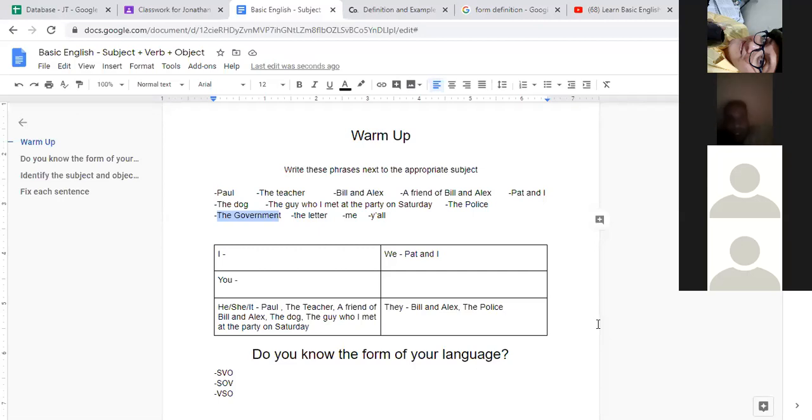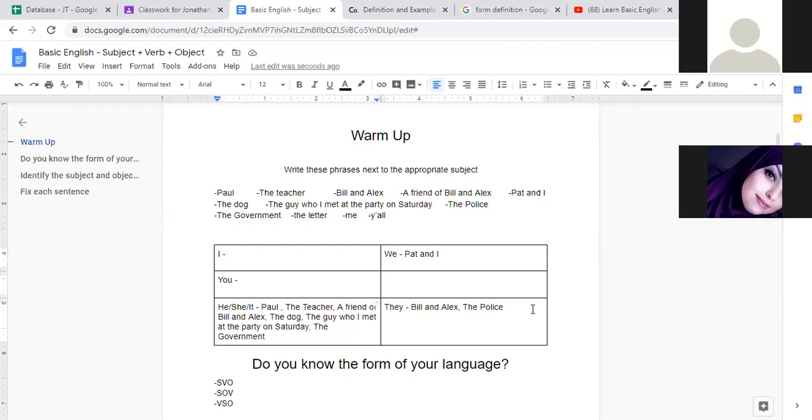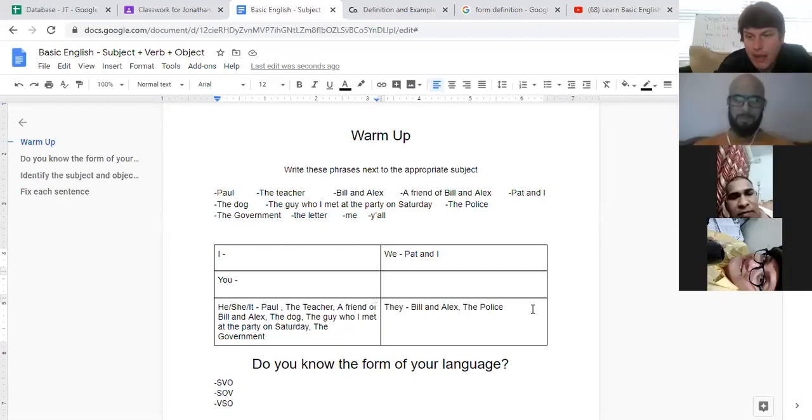I think it. Very good. Excellent, Malik. So you might be saying why? Why is the government third person singular, but the police is third person plural? Well, it doesn't really matter why. It just matters that you remember it.